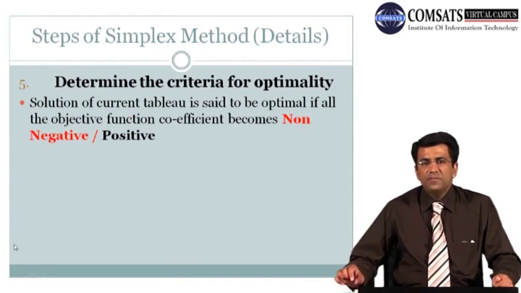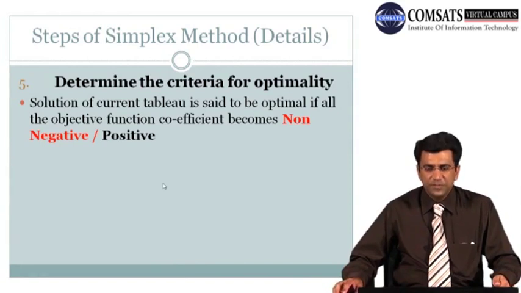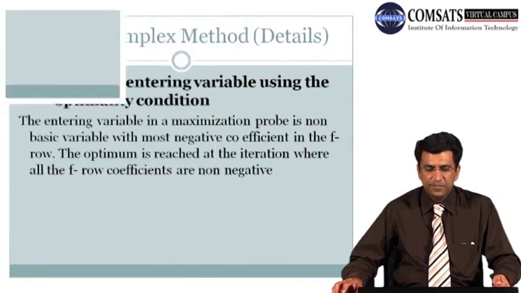If we are dealing with a maximization problem, then the optimality criterion is that all the coefficients of the objective function in the initial tableau, or in the tables we make thereafter, should be positive. If all the coefficients of the objective function become positive, then it will give us the optimal solution. So this is the criterion for the optimal condition.